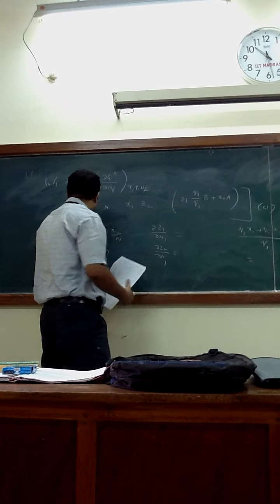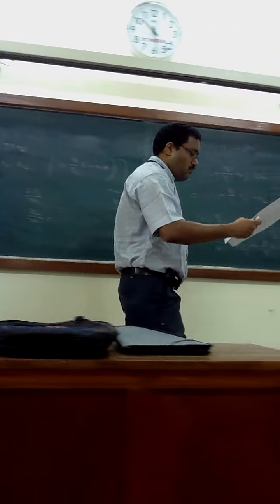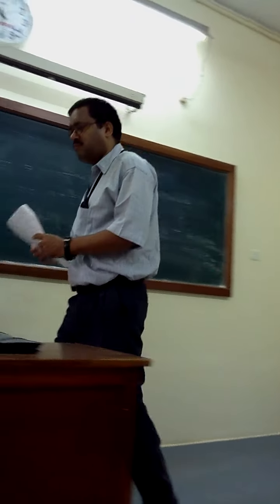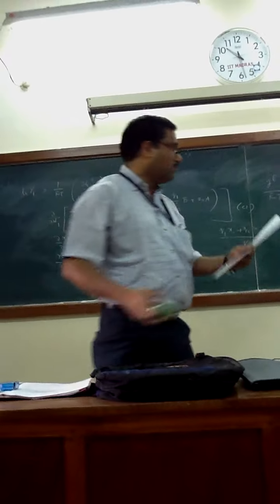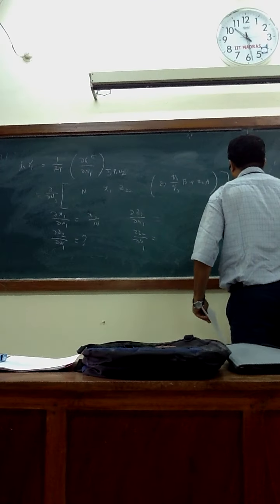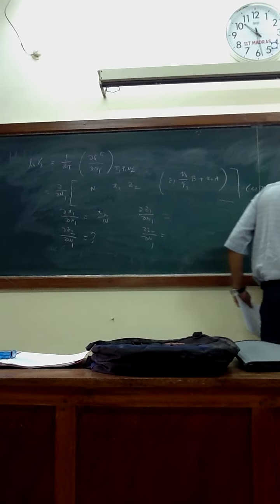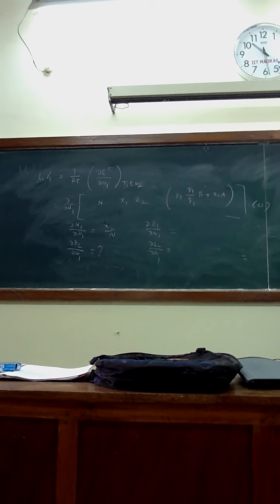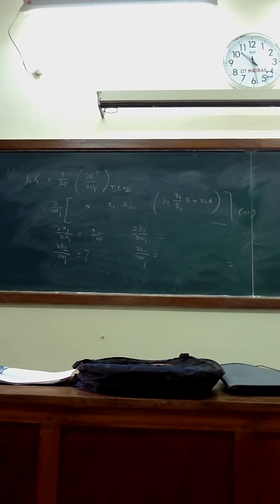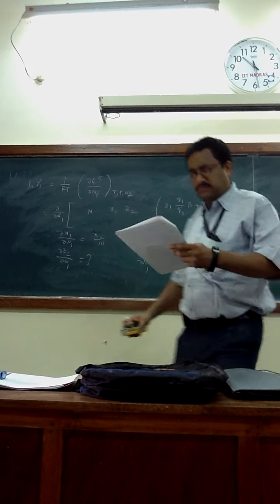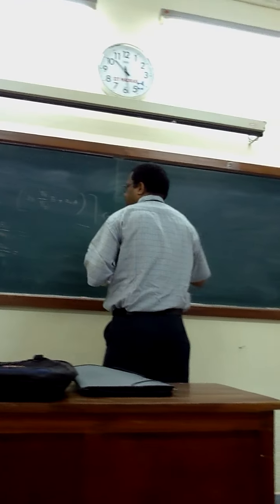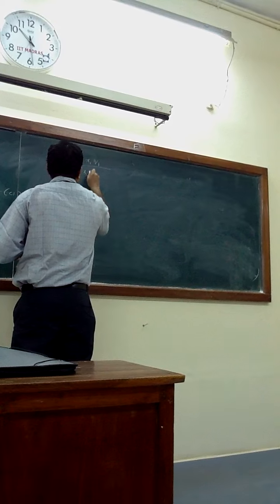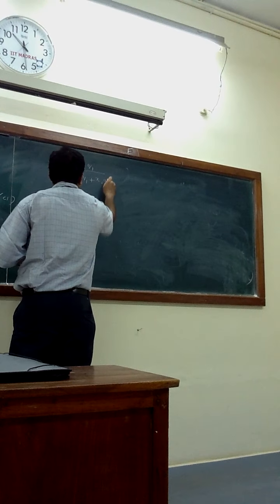Like dou x1 by dou n1, what is dou z1 by dou n1? Let's see dou z1. We have to see dou z1 by dou n1. Z1 is x1 q1 by x1 q1 plus x2 q2.